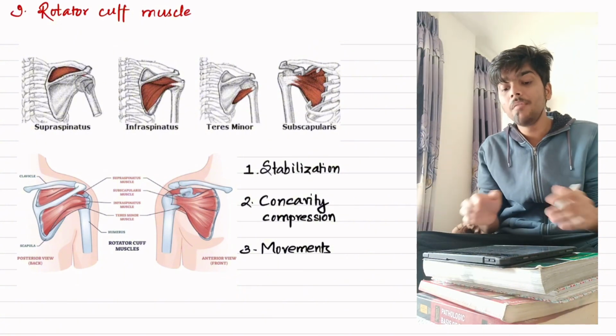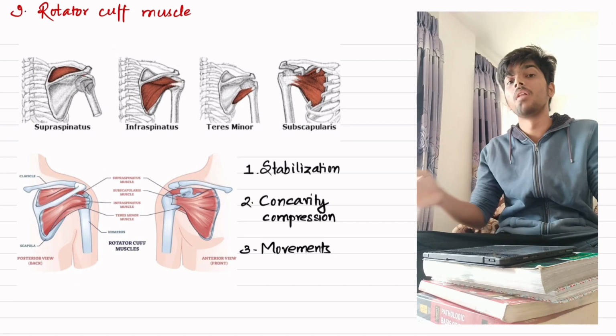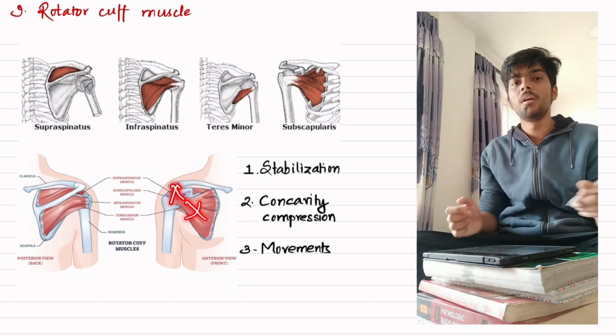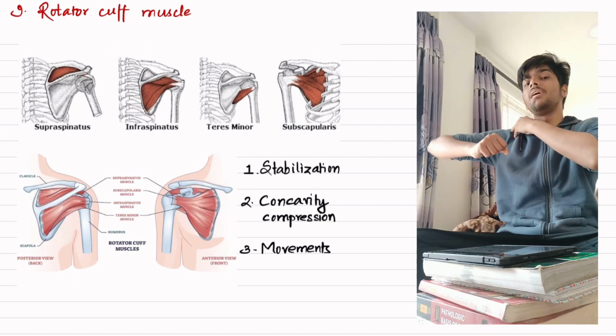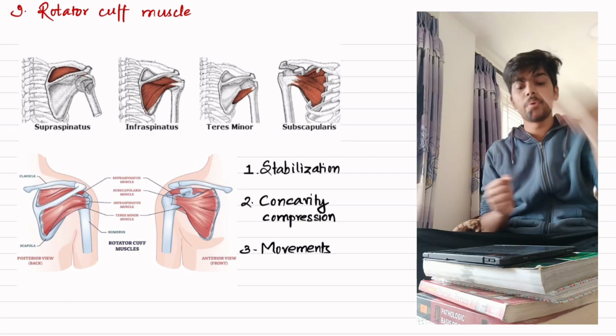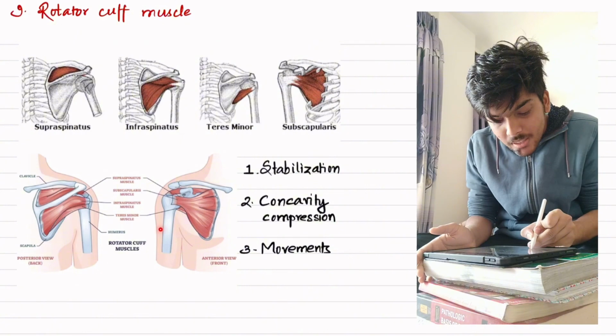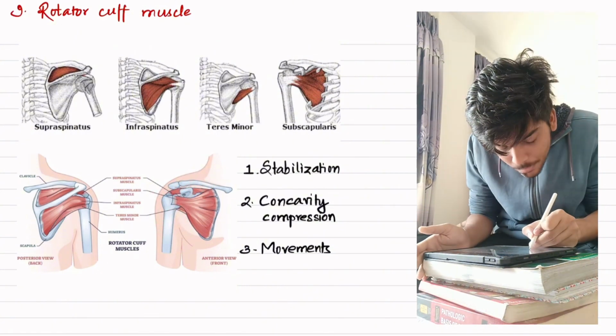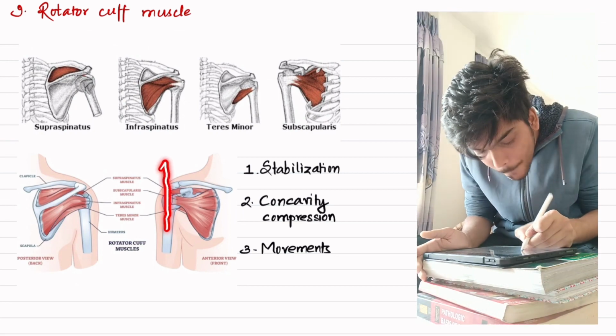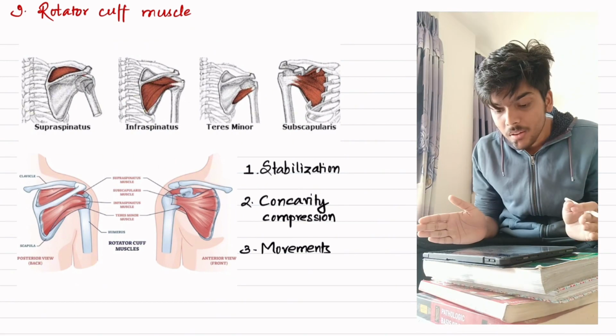But let's say the rotator cuff muscles were not there, then when the deltoid muscle would contract, instead of rotating, the head would have been lifted up. So the deltoid muscle at this region would contract, it would come close, and the bone would have been lifted up. But we don't want that.